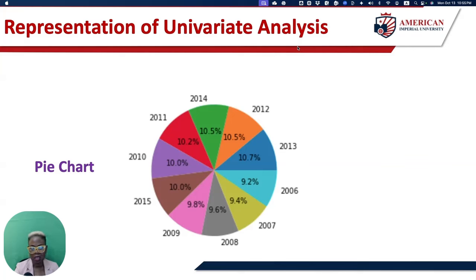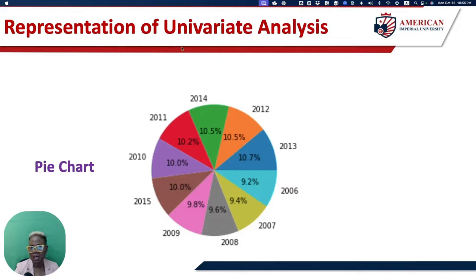Some people like to discredit the pie chart, but the pie chart can be very effective, very informative in showing us the proportion or the percentage of each category represented by the slice. And this shows us how each category is relative to the total.